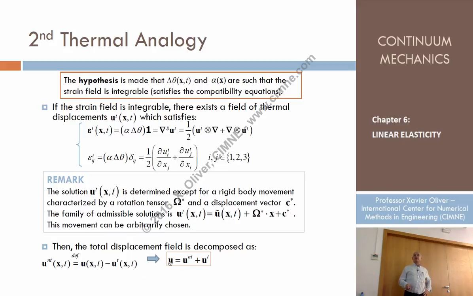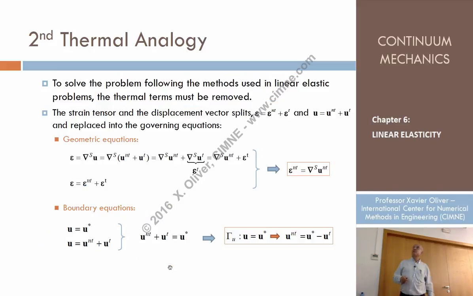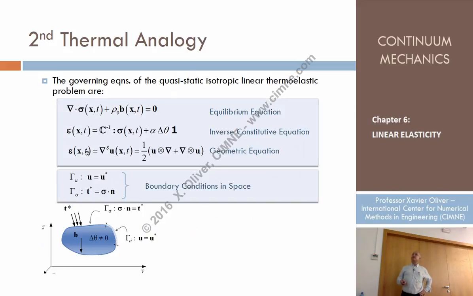The total displacements that we don't know are equal to the non-thermal displacements that we don't know yet, and the thermal displacements that we know from after integration of these equations here. So now the point is to compute the non-thermal displacements, which summed up to these thermal displacements will provide the original unknown. Okay? So the first step. So now, if I look to the geometric equations, to these equations here, the geometric equations, okay?